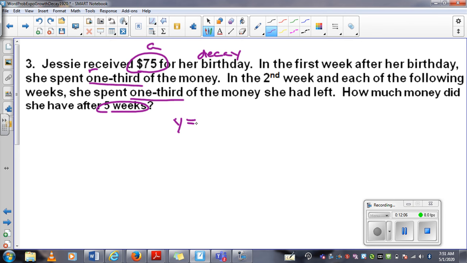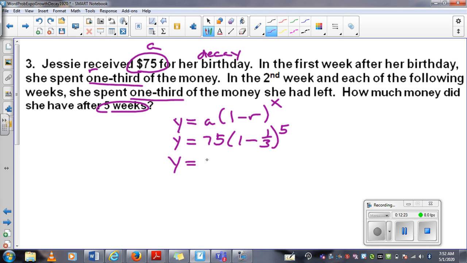So our formula is y equals a times 1 minus the rate to the x power. So y is equal to $75 times 1 minus 1/3 to the 5th power. So y is equal to 75 times 2/3 to the 5th power.